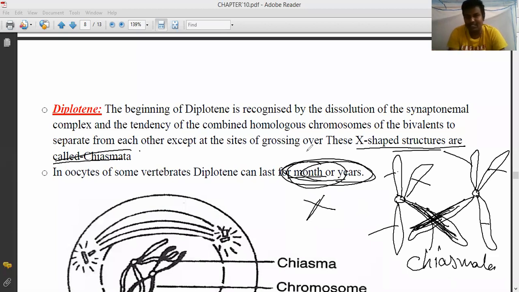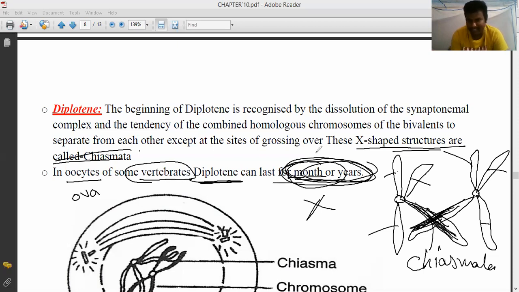In some species, after 1 or 2 days, those chromosomes are separated. But in oocytes, nothing but ova of some vertebrates, the diplotene stage can last for months to years. Okay, that's it.